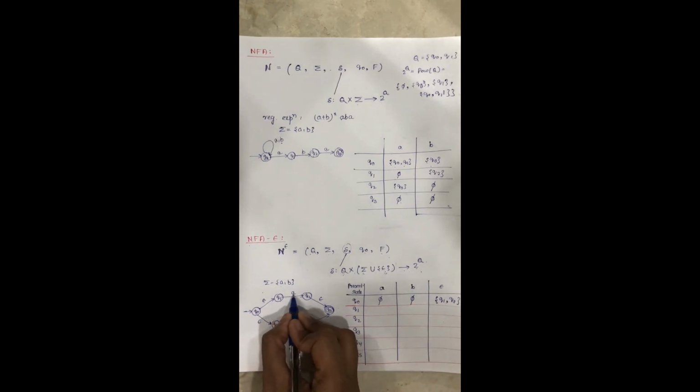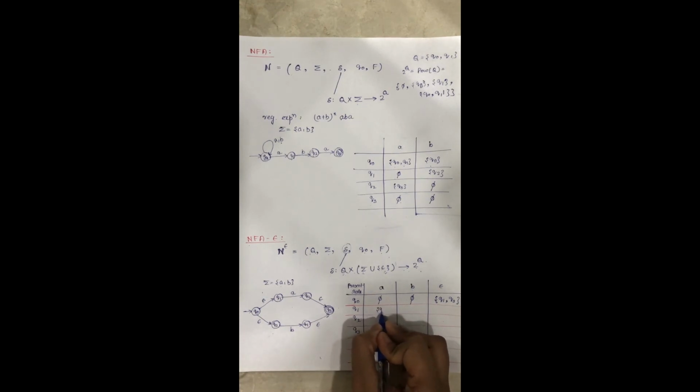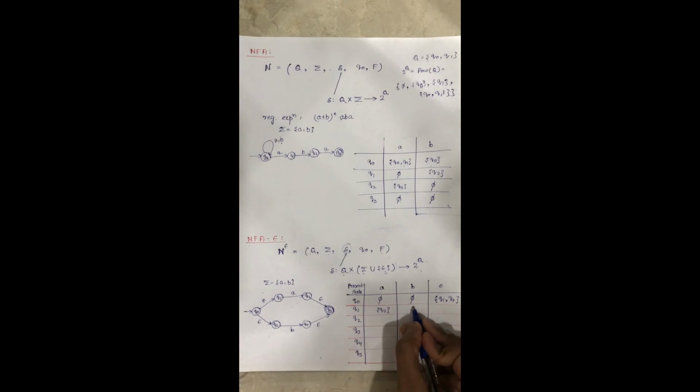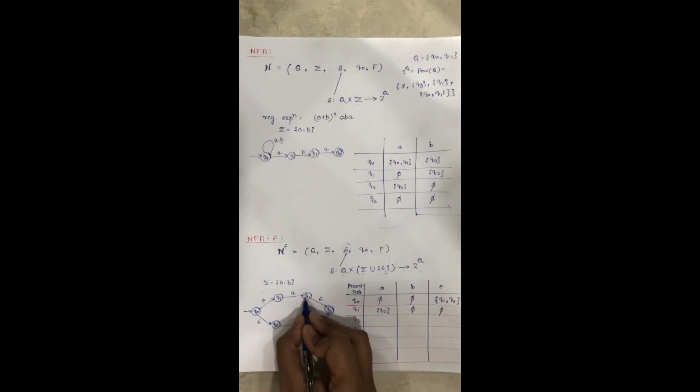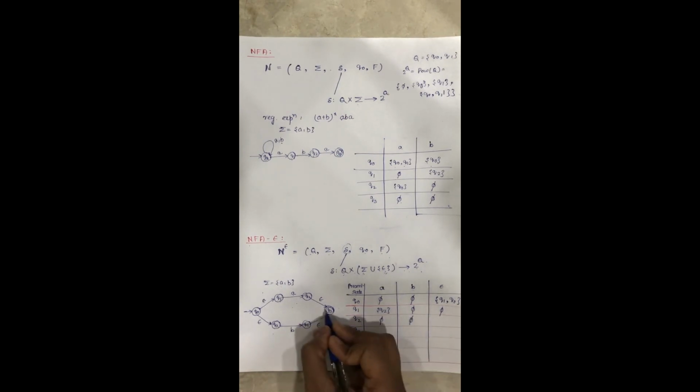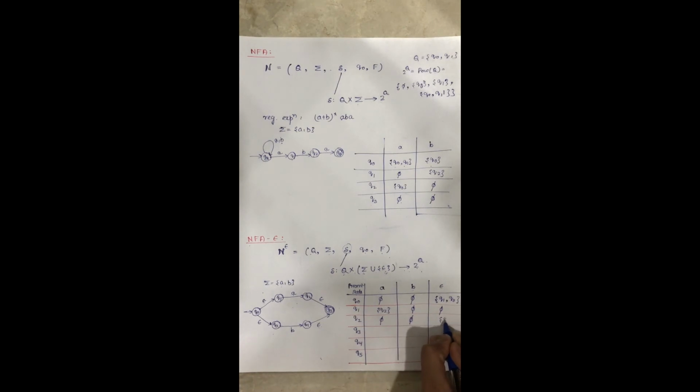At Q1 for A, next state is Q2. At Q1 for B, next state is phi. For epsilon, phi. At Q2 for A and B, phi, no transition, and for epsilon next state is Q5, so here we will write Q5.